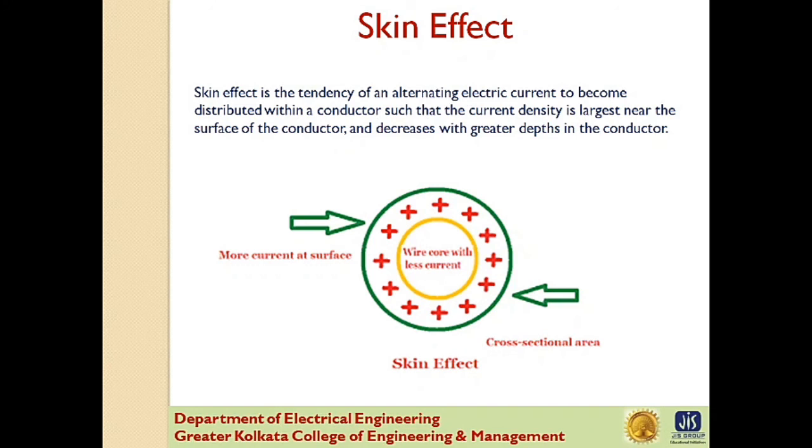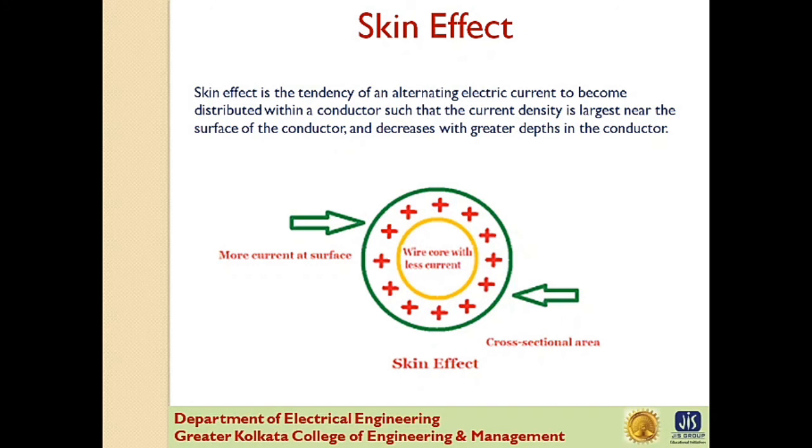Now why does this happen? A solid conductor may be thought of as consisting of a large number of strands, each carrying a small part of the current. The inductance of each strand will vary according to its position. Thus the strands near the center are surrounded by a greater magnetic flux and hence have larger inductance than those near the surface.